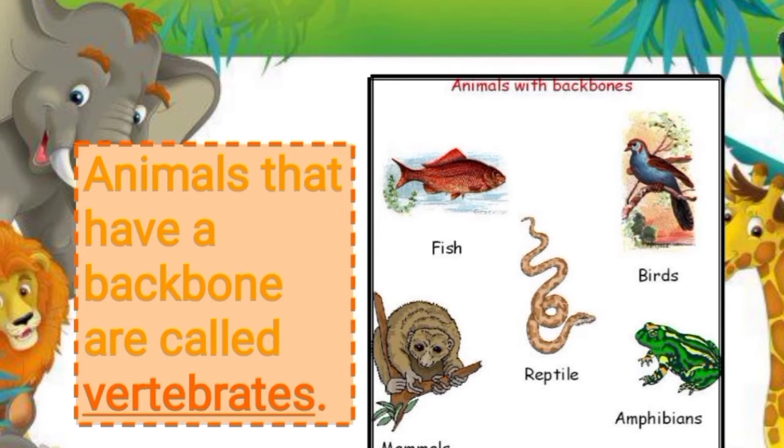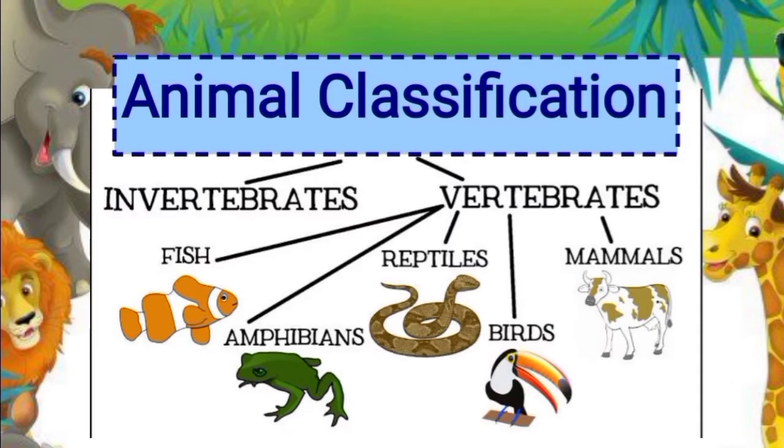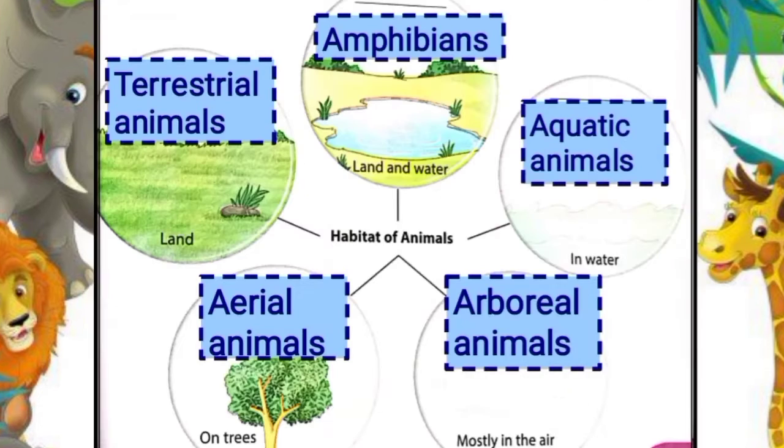So, animals that have a backbone are called vertebrates, and they can be further divided into smaller groups like fish, amphibians, reptiles, birds, and mammals.